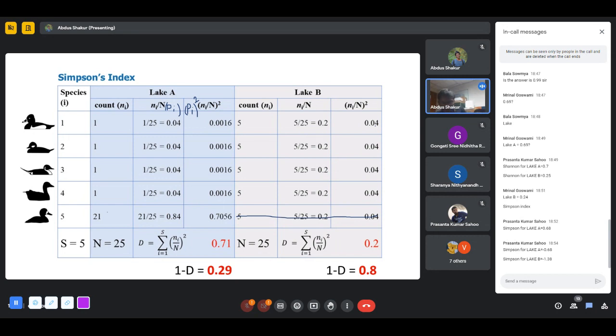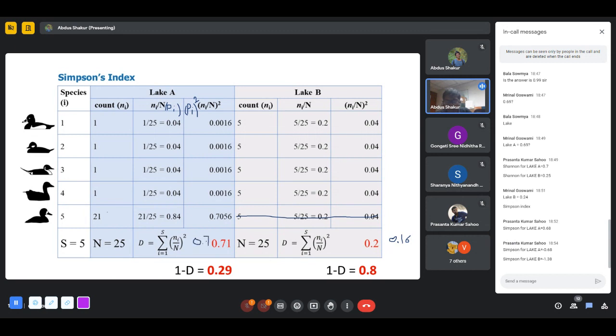Let me just check. 0.04 into 4 is 0.16. Okay, so the whole D we got is 0.16. Here, what we got is 0.77. Okay, so these are the D values.